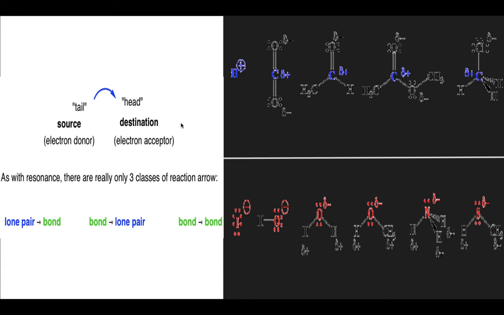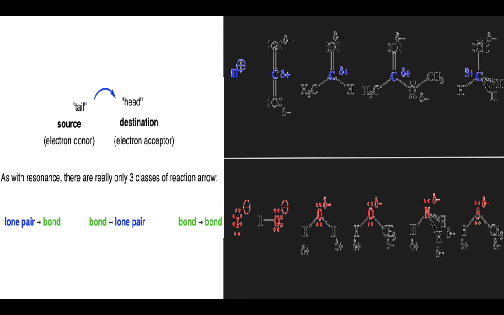Right here, this is going to be a reaction with a cation or with an electrophile. These are all different examples of electrophiles. You can see here this carbon has a positive charge, meaning that it wants to gain electrons really badly, to get a neutral charge, right?